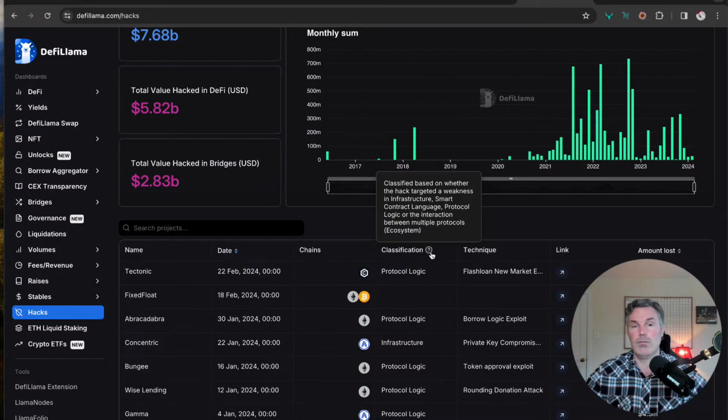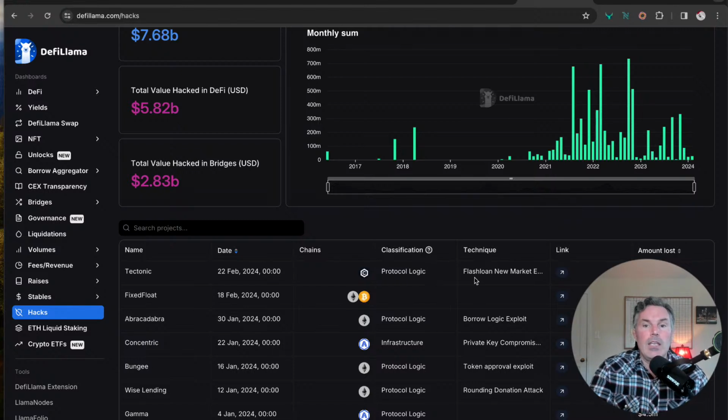These are all reasons for these hacks, vulnerabilities and exploits. Technique: flash loan, new market. Amount lost: $250,000. Now that's a small amount.